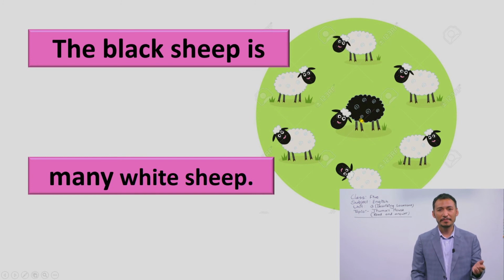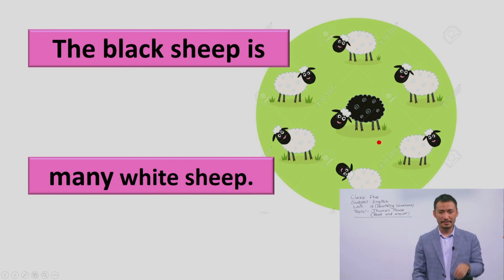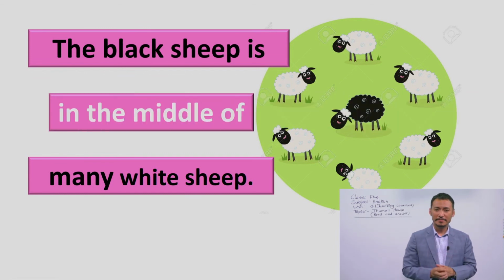Can you say? Okay, it's in the center of this meadow or ground, right? And again, you can say in the middle of other white sheep, right? So we can say in the middle of many other white sheep.